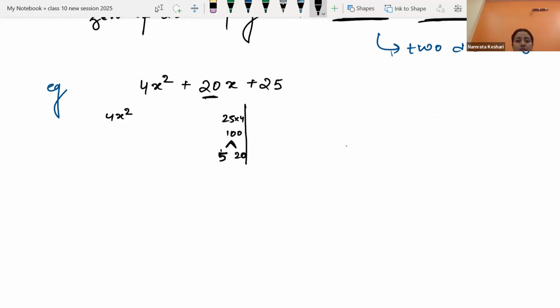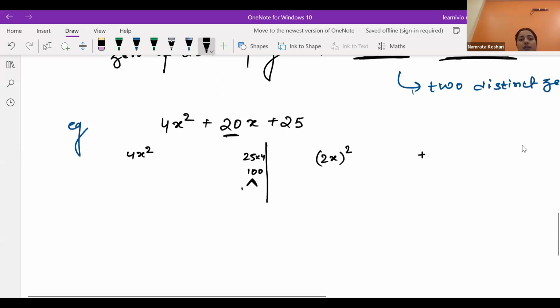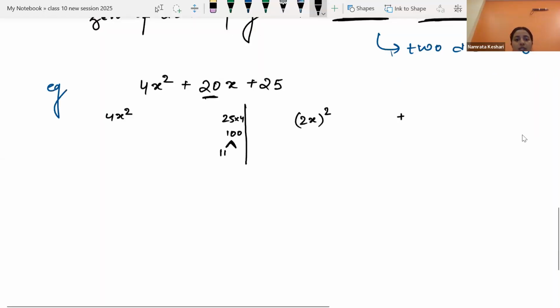But if we do the subtraction, we will end up getting 15, not 20. Let me check 10 and 10. Yes, Umar, you said 10 and 10x plus 10x. Perfect. 10 and 10 make 20, and this is working over here. So we can take 10x, 10x, and 25.